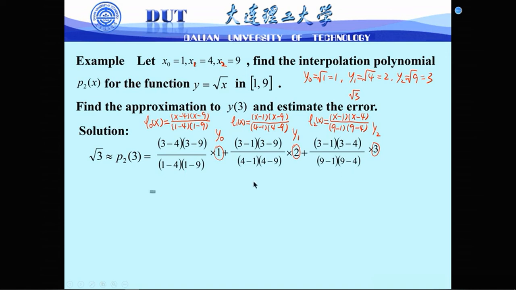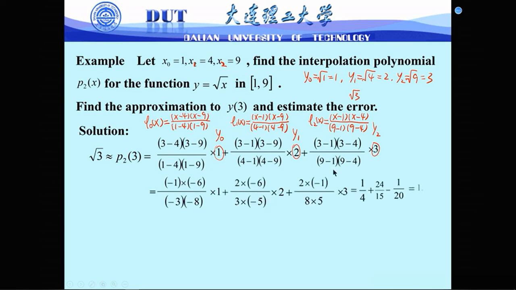Now we just consider the numbers, and then we can obtain the result. Of course I omit the details, because it's just number operations; finally, you can practice to check. The final answer is 1.70000. So we just use 1.7 to approximate square root of 3.